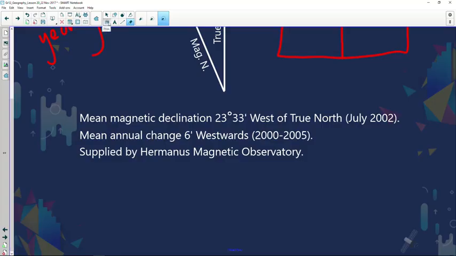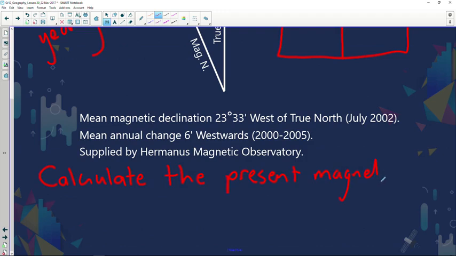So if you look at magnetic declination, the question will state, calculate the present magnetic declination.